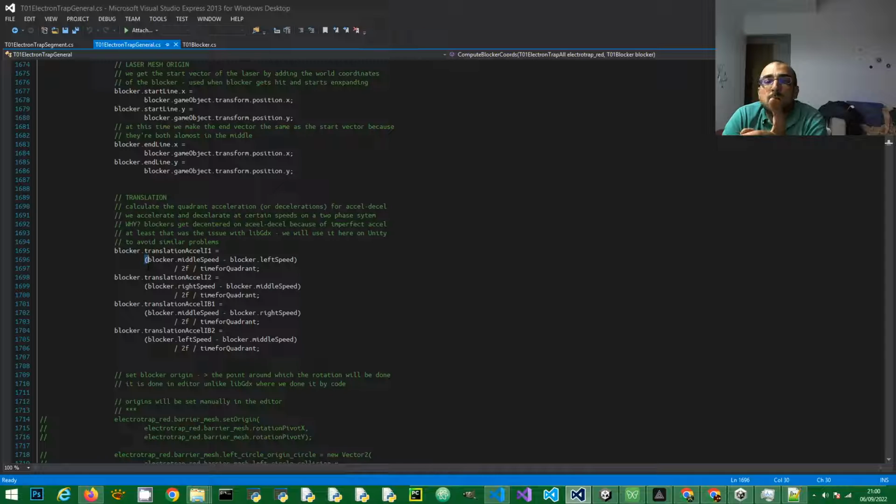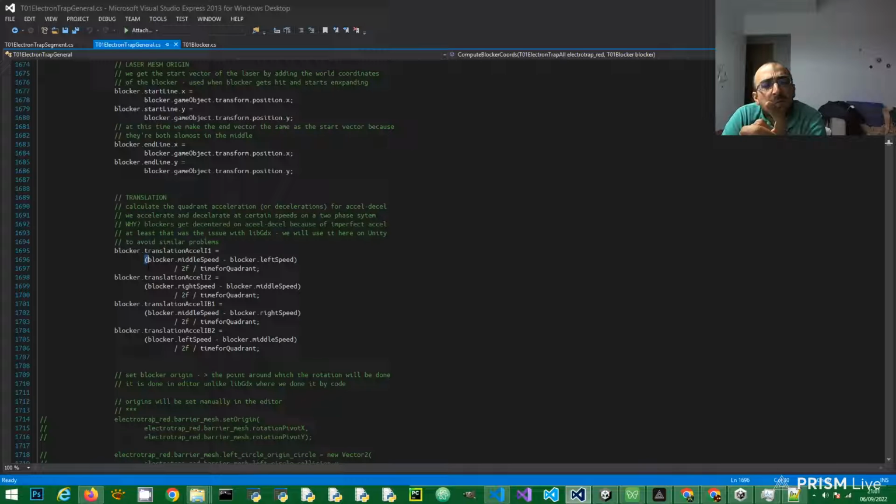We have a movement from left to right, and this is the middle point. We have to calculate based on the speed on the left, the speed on the right, and the speed in the middle point.